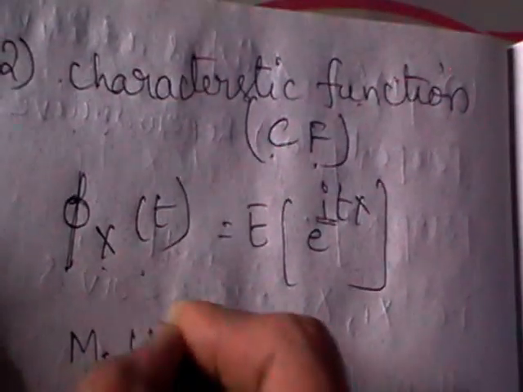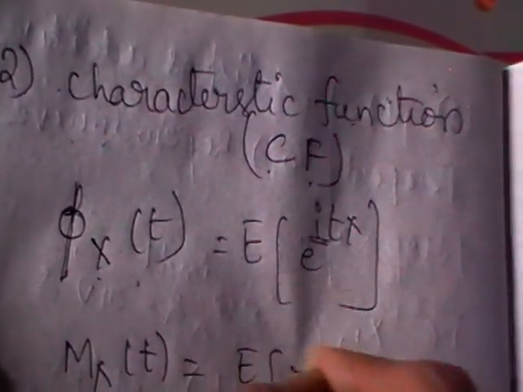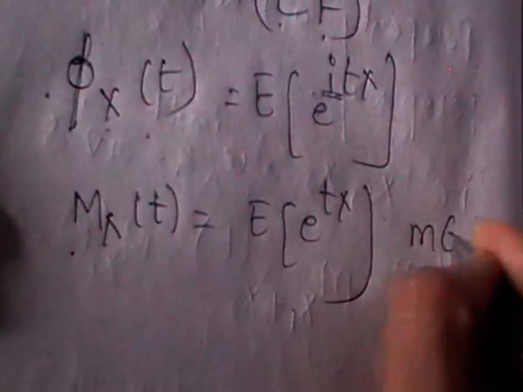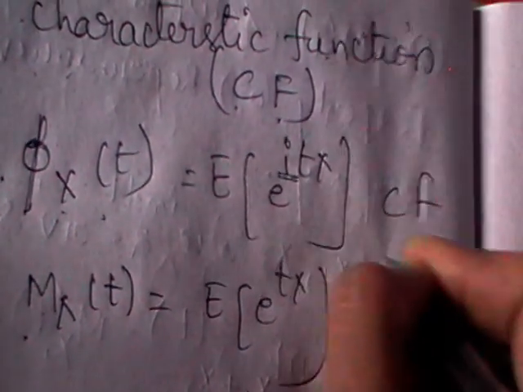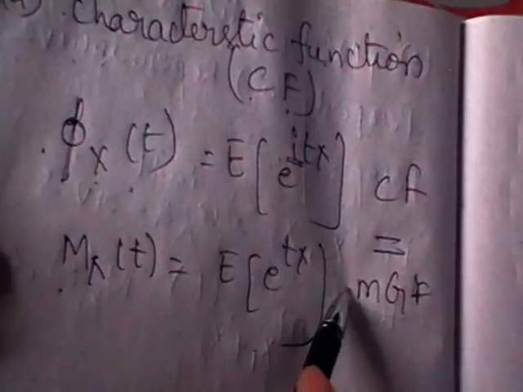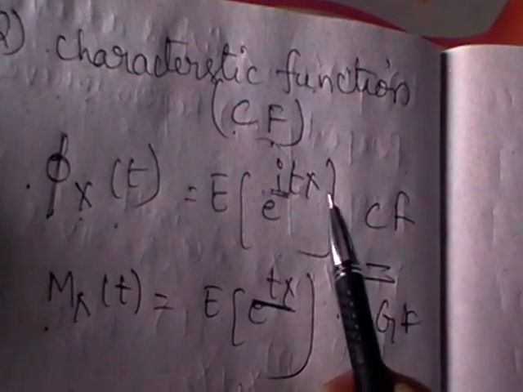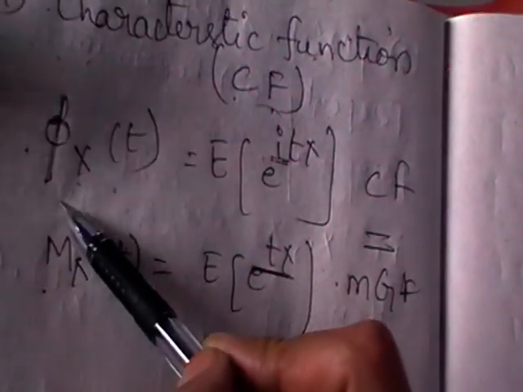We have defined MX(t), the moment generating function, as expectation of e power tx. If we observe these two, this is MGF, this is CF. Both are almost the same, except that in place of t we have it, where i is the imaginary number. Phi X(t) is called the characteristic function.